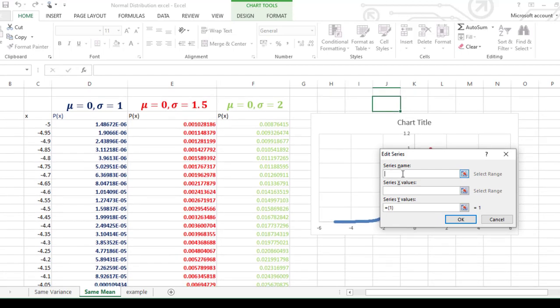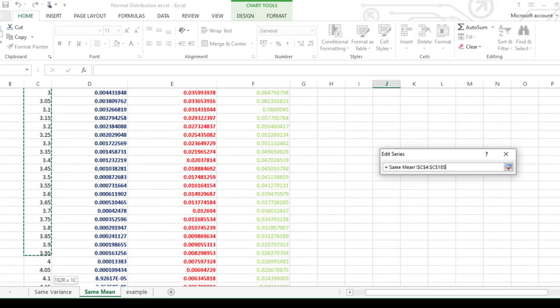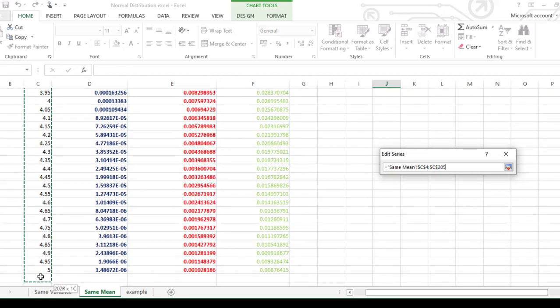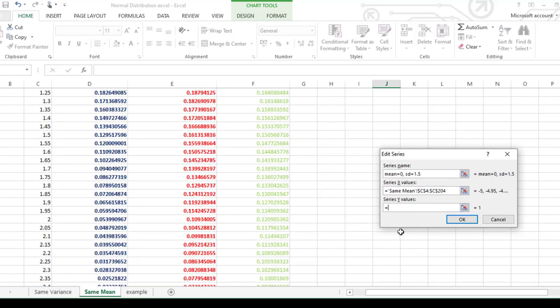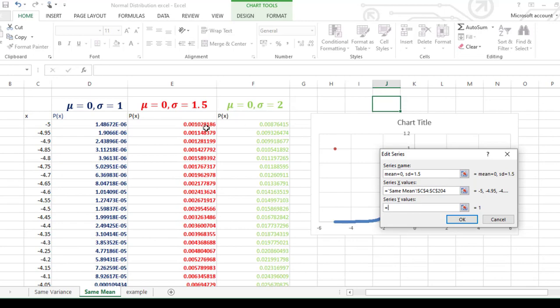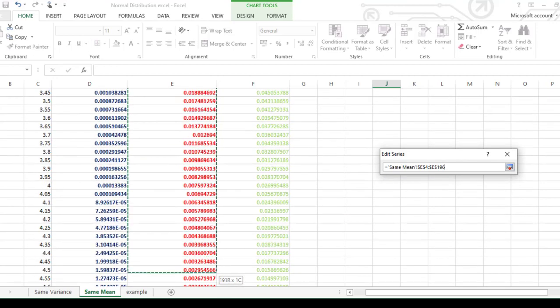Series name would be mean equals 0 and standard deviation 1.5. Okay, so the x values would be the same and the y values would be the corresponding probability for this case.